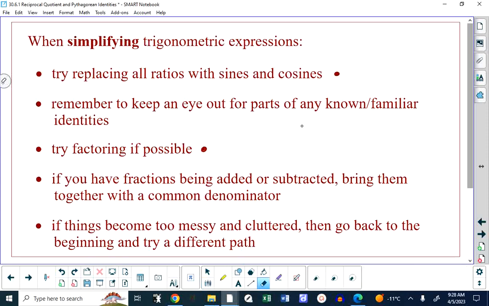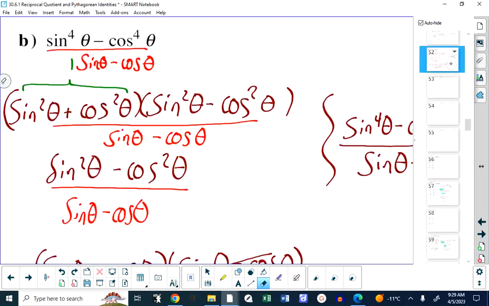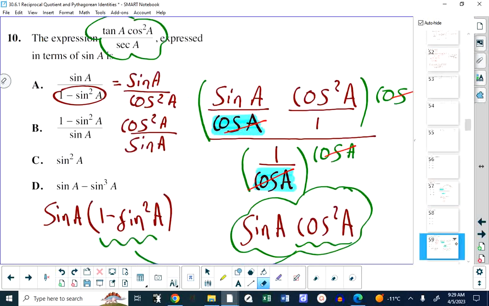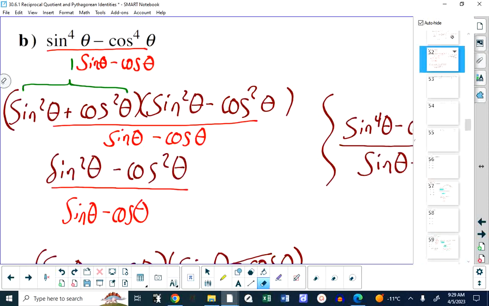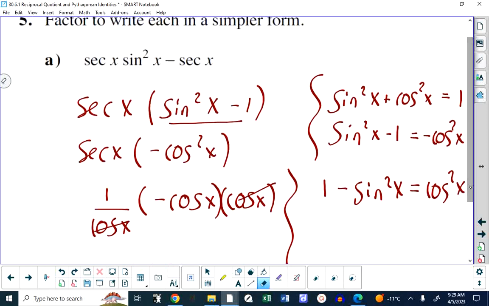Always, this overrides everything else. If you have fractions that are being added or subtracted, if you were to write everything here in terms of sine and cosine, this minus in between would mean you would have fractional things that are being added or subtracted.